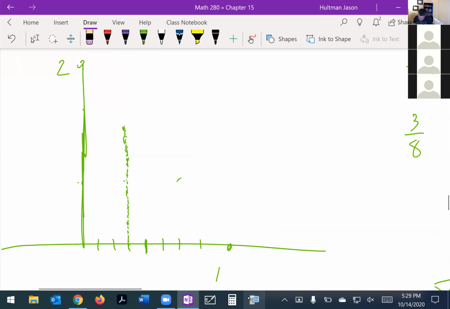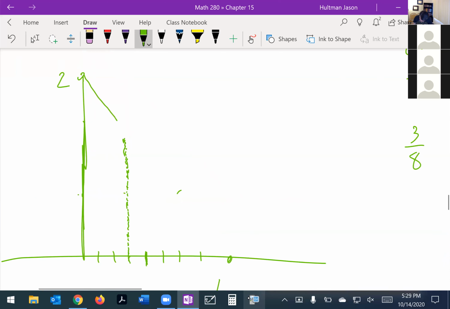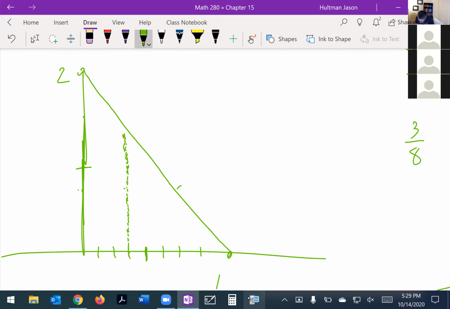11/16, where's 11/16? Well, 16/16 is right here. That's 1. Okay, 8/16 would be here. And so where's 11/16? I don't want to divide this into pieces of 8, but that was a pirate reference. Pieces of 8.